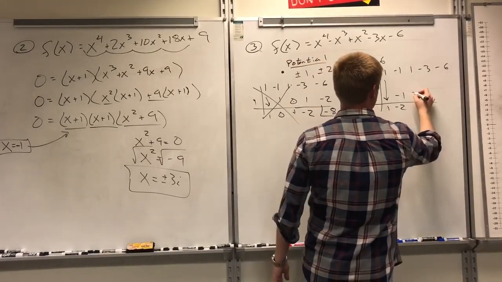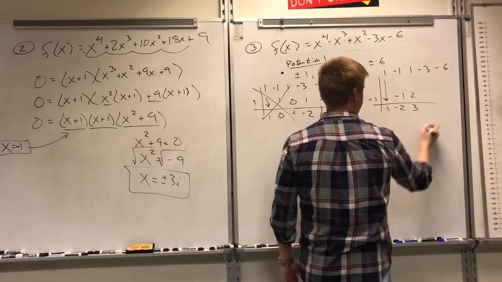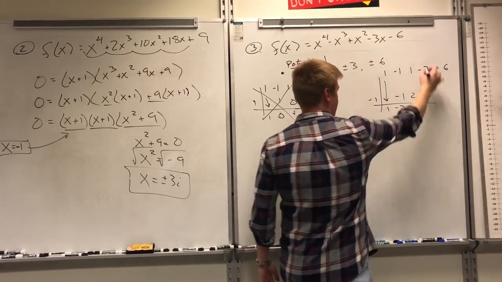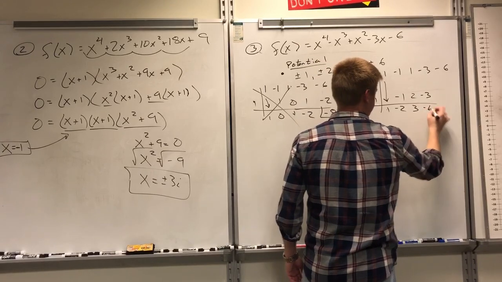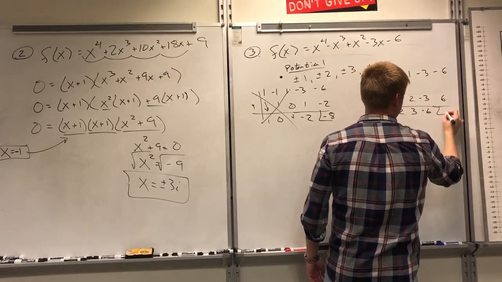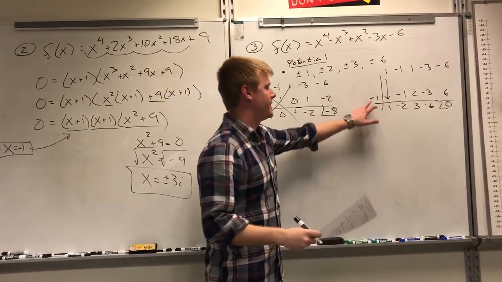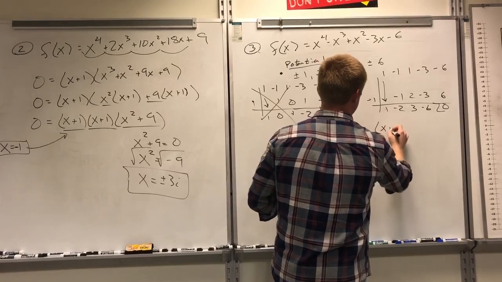Negative 1 and negative 2 is negative 2. 1 plus 2 is 3. Negative 1 times 3 is negative 3. Negative 3 minus 3 is negative 6. Negative 1 times negative 6 is 6. And sure enough, there's our remainder 0, like we're expecting there. So again, that makes x plus 1 a factor.